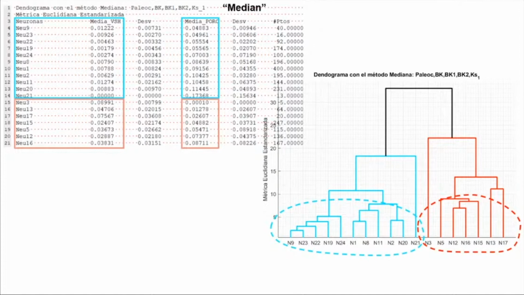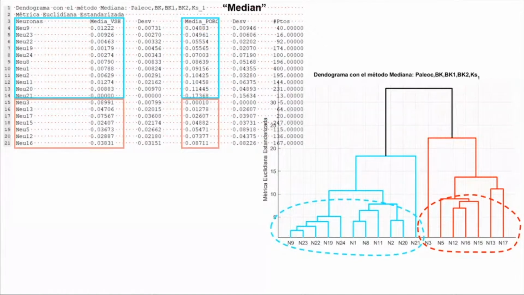Cluster number 1, remarked in blue at the top of this table, has the lowest values of V shale, is very clean, and has porosity values ranging between 4 and 17%.